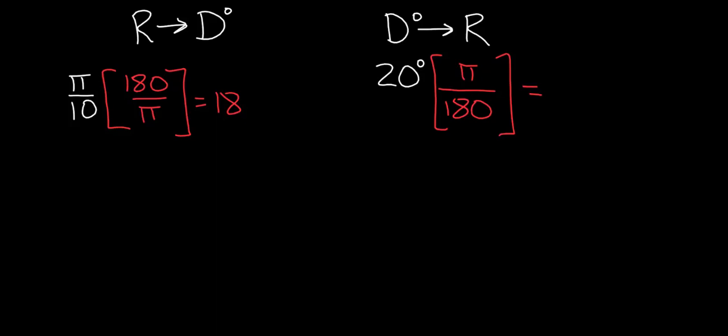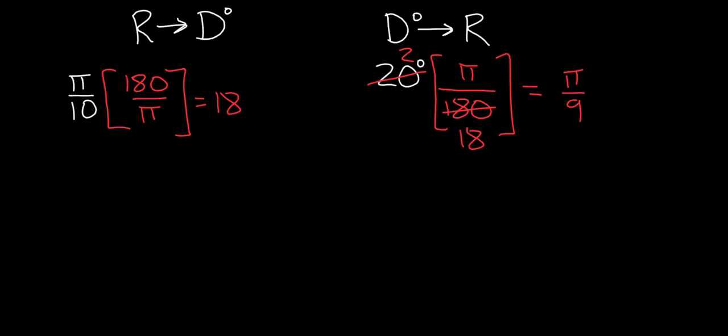And that will give you the radians. So what is that going to be? 180, so this is 18. What is this? And this is 2. So pi over 9. Is that right? Pi over 9 radians.